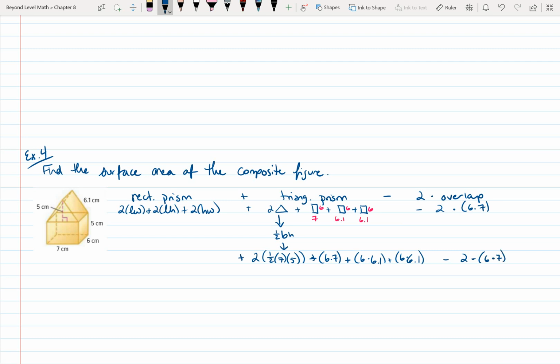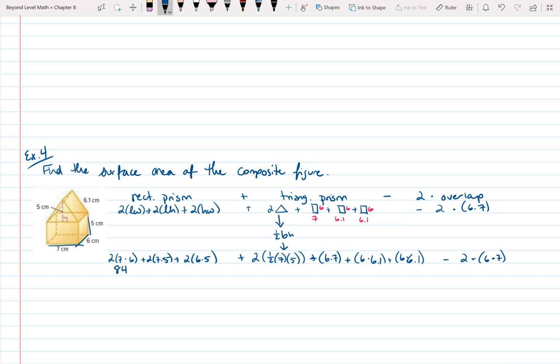Alright, let's plug in our rectangular prism. We've got 7, 6, and 5. So 2 times 7 times 6. It's 2 times 7 times 5 plus 2 times 6 times 5. And again, in order is totally fine. Alrighty, so now let's just do a lot of calculations.